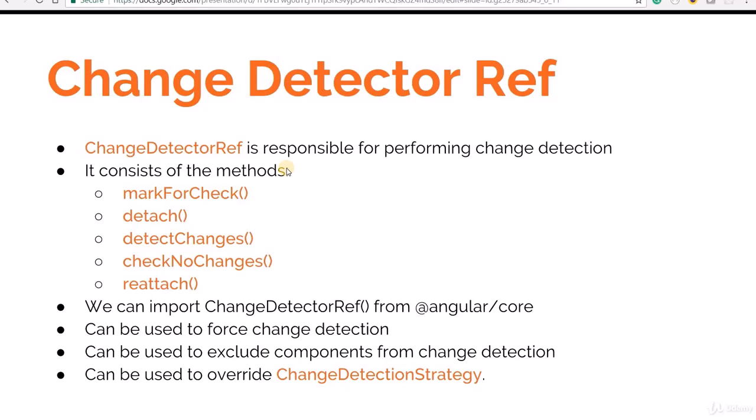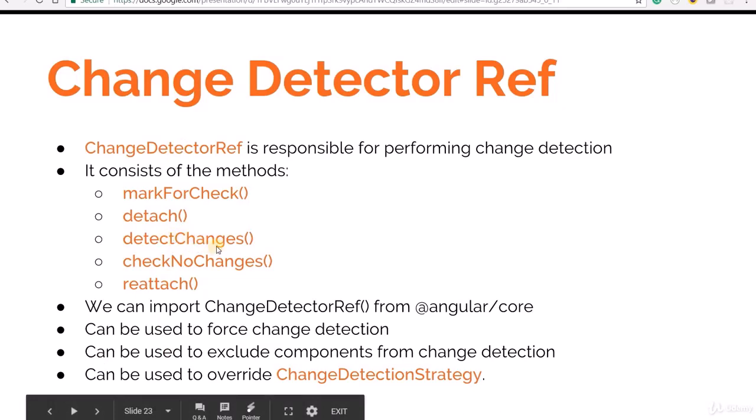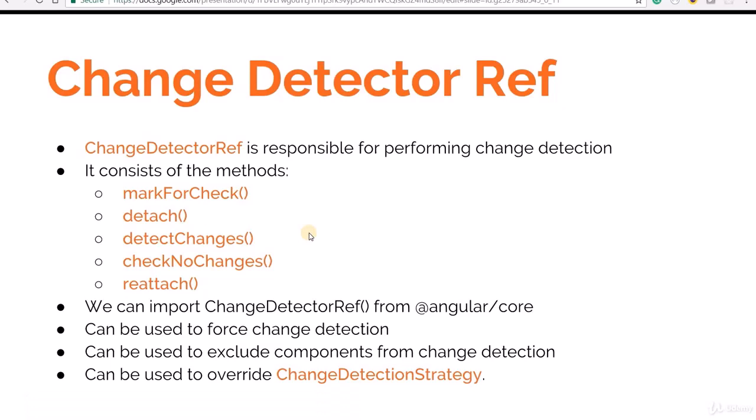To do that, you can inject the change detector ref as a dependency into the component in which you want to detect changes, and then call the detect changes method on that injected dependency. That way you can detect changes even if there isn't any asynchronous task going on, but you still want to detect changes.